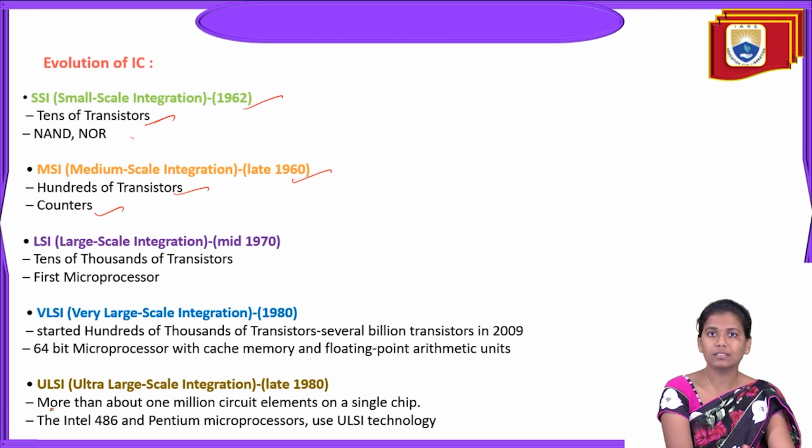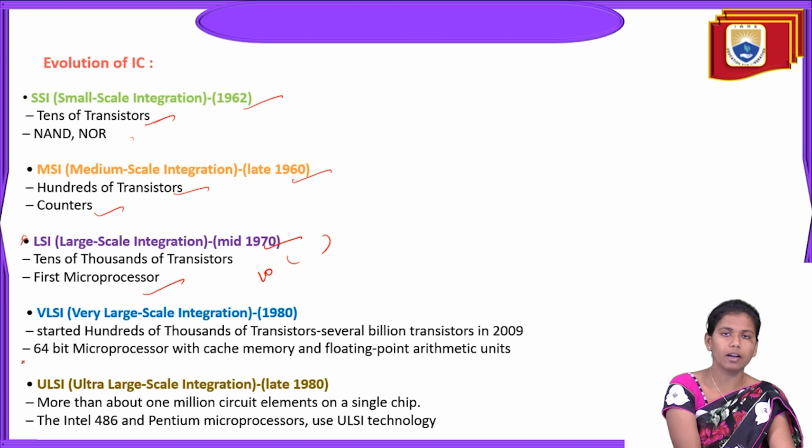And then coming to large scale integration. In the mid-1970s, large scale integration circuits came into existence, and this consists of tens of thousands of transistors. The first microprocessor was introduced with the help of these tens of thousands of transistors, in the mid-1970s, where we call it large scale integration.